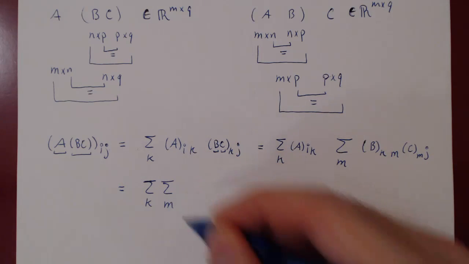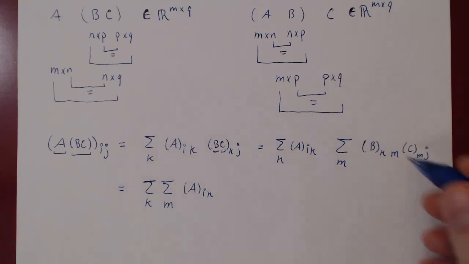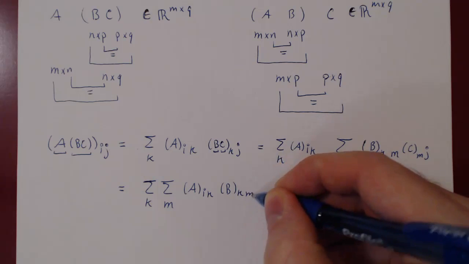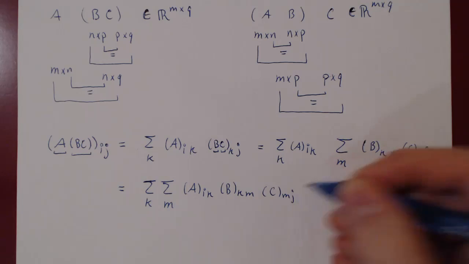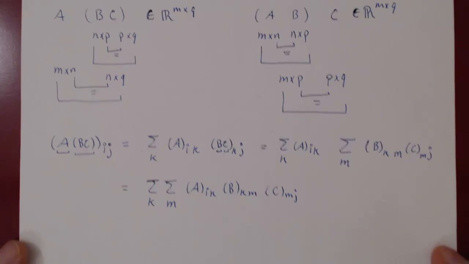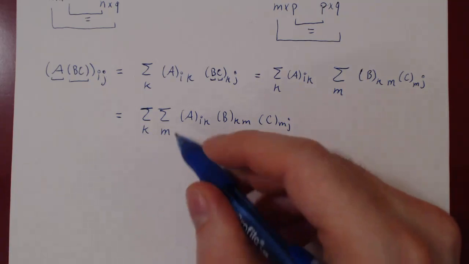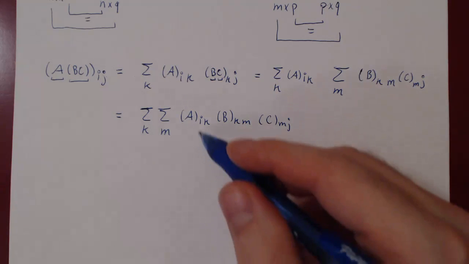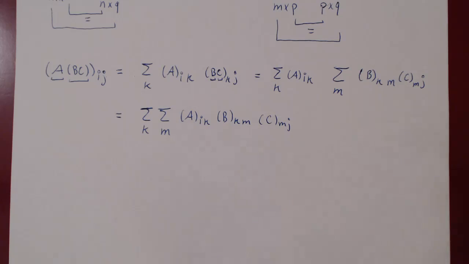So we have a double summation of a_ik, b_km, c_mj. And this will probably be a first for you. We have a double summation of a product of three real numbers, a, b, and c, but we know that we can sum real numbers in any way that we want.